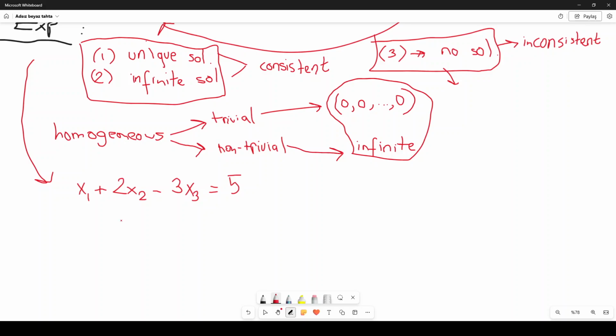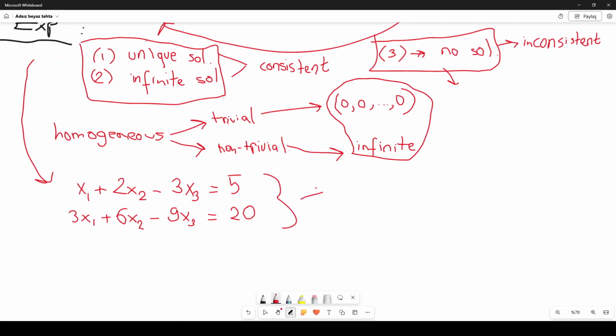And another equation is 3x1 plus 6x2 minus 9x3 is equal to, say, 20. Now suppose we are given this system where we have two equations and three unknown variables.